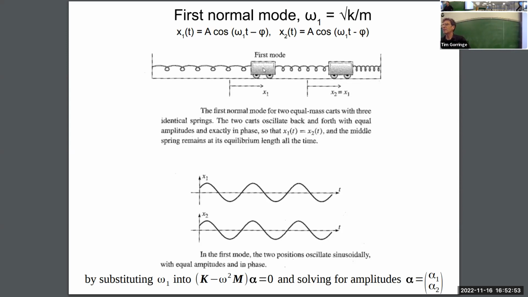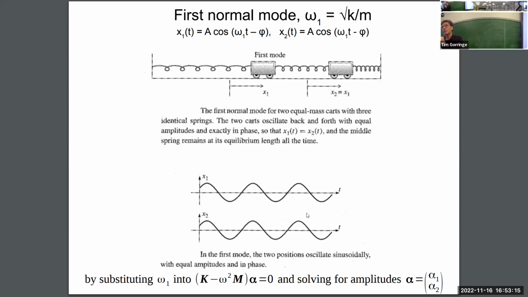I displaced the left-hand mass towards the right and the right-hand mass towards the right by the same amounts. And then when I release them, they oscillate sinusoidally with a common frequency, and they're in phase with one another.